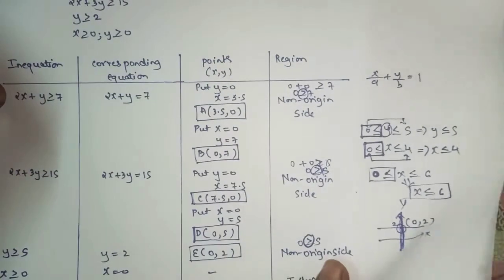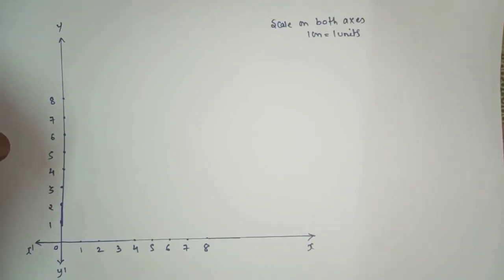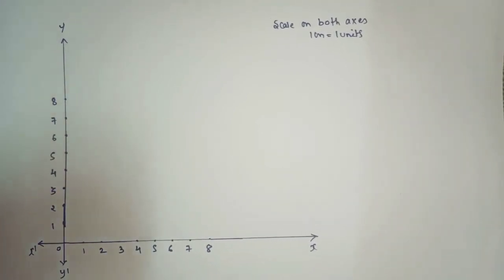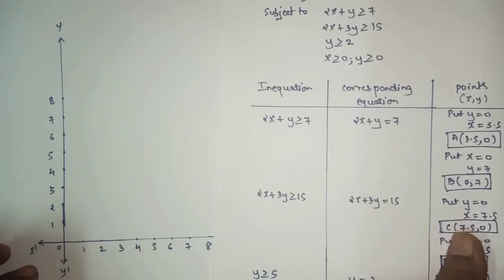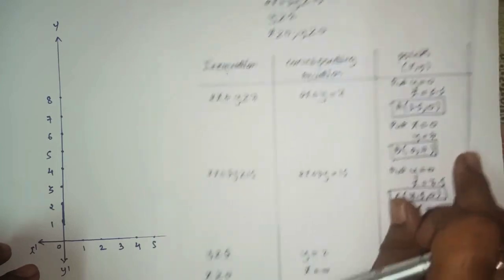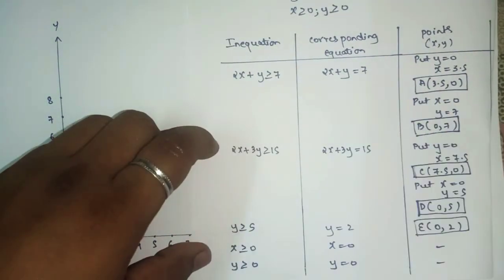Now we'll move on to the next step, number 2. As here we have the points. The first point is A, 3.5 comma 0.